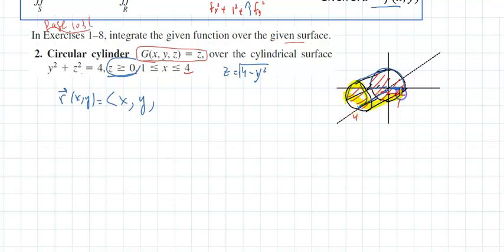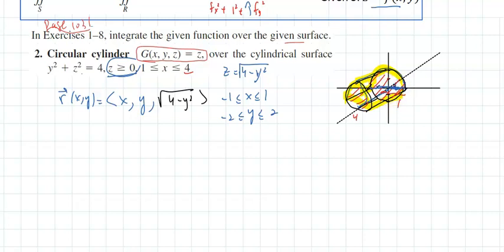So I could say the square root of 4 minus y squared. And I could say here we have x varying between -1 and 1, and y varies between -2 and +2. True? Yeah, that's as far as I can go left and right.